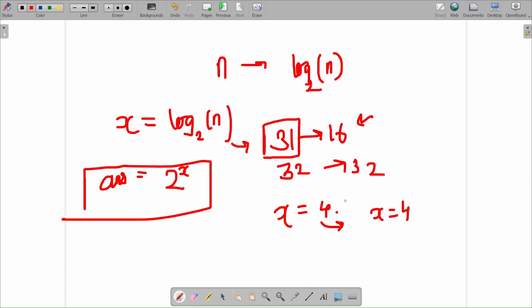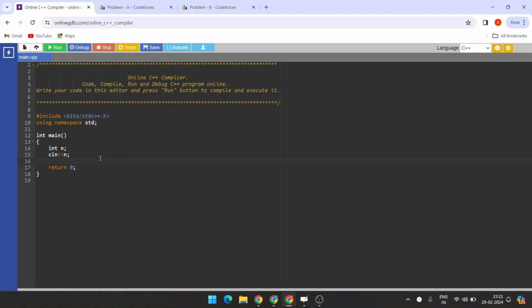Okay, so let's go to the code and see how we will be solving it. Here we have taken input n, and then we do int x equal to the logarithm of n. So this will give our nearest power of 2 which is less than, like, 31.